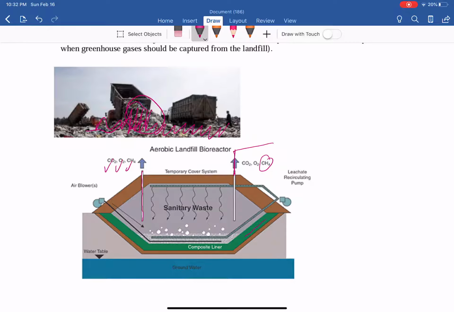Sometimes, as we said, the leachate that's collected at the bottom could be recycled back to the landfill itself. We don't want anything that will infiltrate to the groundwater.